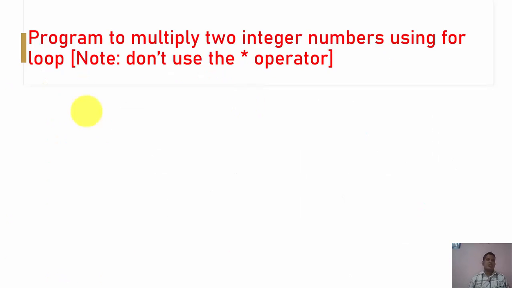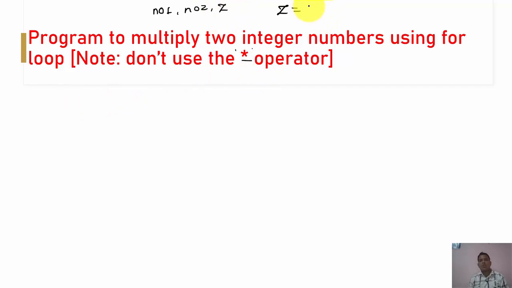So let us consider this program statement. What is my program statement? Write a program to multiply two integer numbers using a for loop. Just try to get this: we are not supposed to use the multiply sign. For example, suppose number 1 is my first number, number 2 is the second number, and I want to assign the result to variable z.